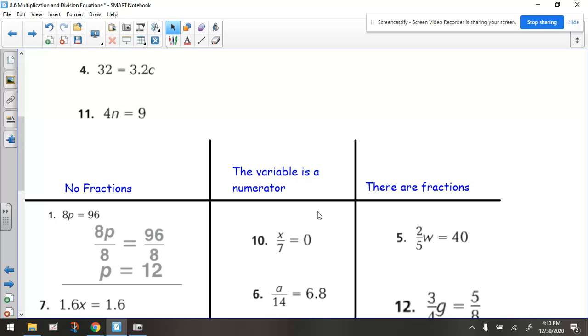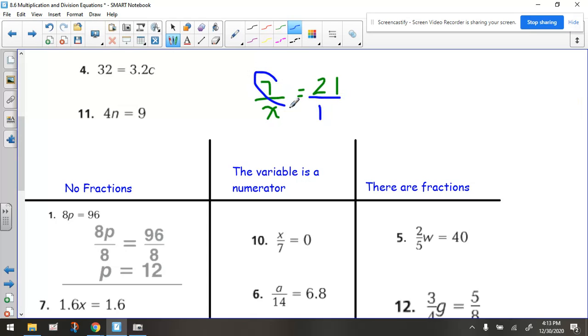By the way, I should probably mention that if you have ones where the denominator is the variable, so for example, if you had something like 7 divided by x equals 21, this is not at all the same approach. In this case, the approach that I would recommend is to stick a 1 underneath this and use cross products.